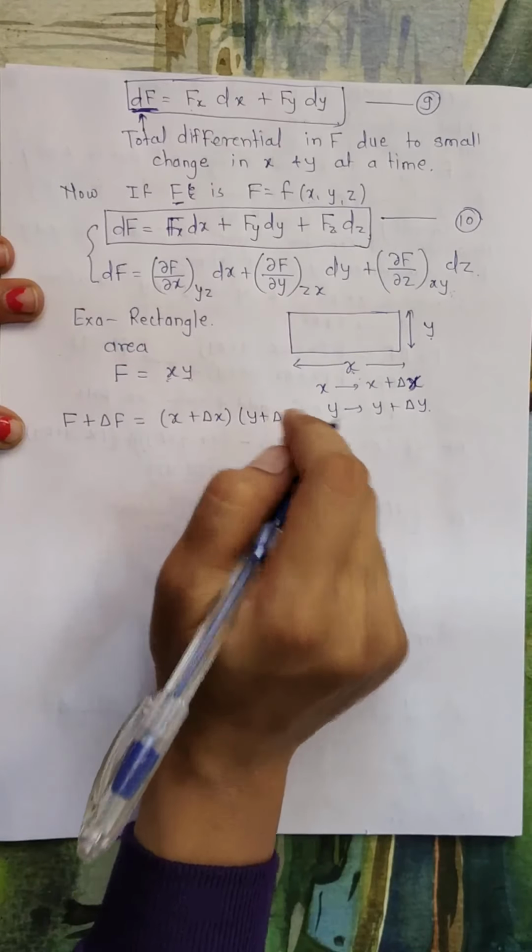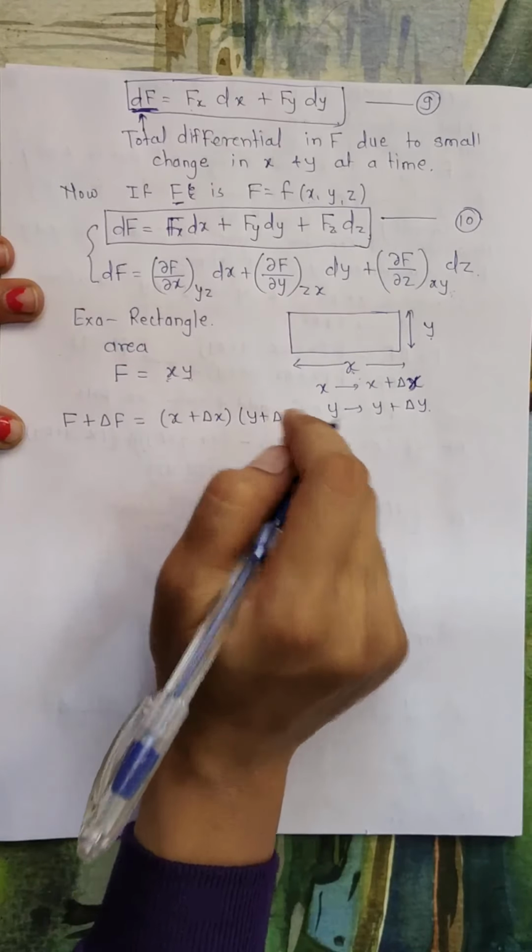Now here, if I take delta x tending to 0 and delta y tending to 0, instead of delta I can write d.